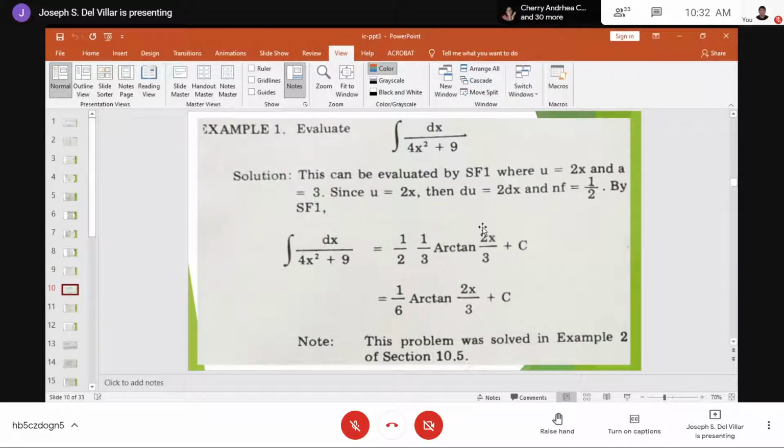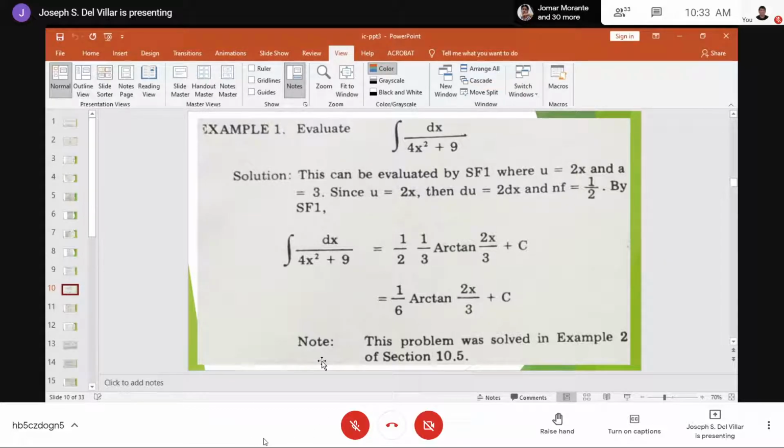Ito yung kanina, di ba? So, applying the shortcut formula, i-make sure lang natin if dx is exact differential ng 4x squared. Hindi, di ba? Kasi if we are going to express this, dapat (2x) squared. So, is dx exact differential ba nung 2x? No. Because the differential of 2x is 2dx, di ba?